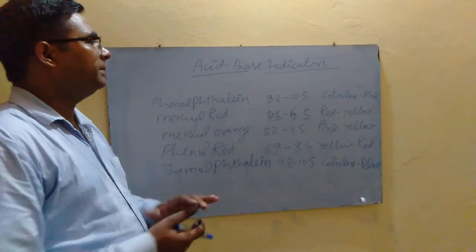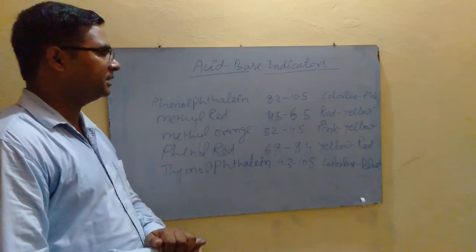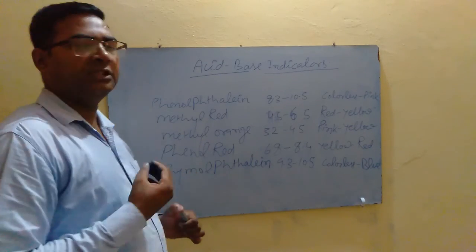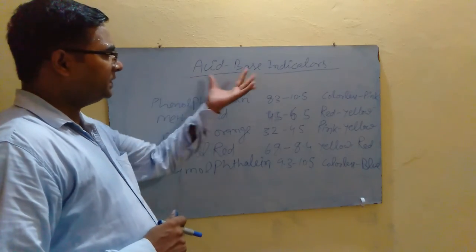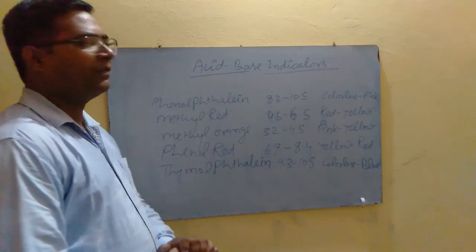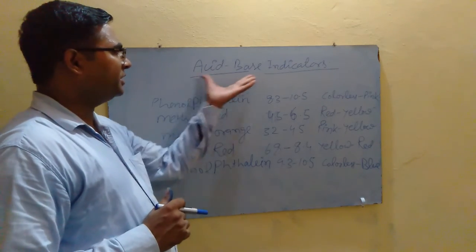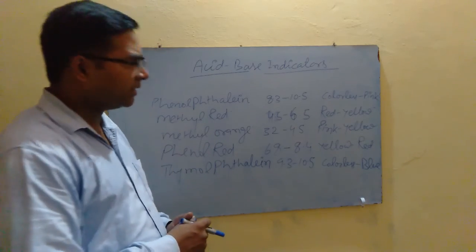So coming to acid-base indicators. Acid-base indicators are chemical substances which change their color within a limit with the change in pH of the solution. So these acid-base indicators have different colors in acid and base. Acid-base indicators have a pH range over which they change their color.